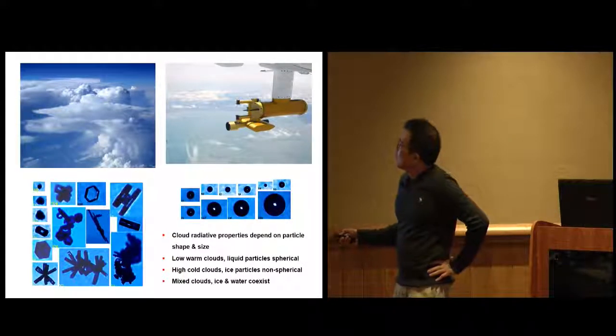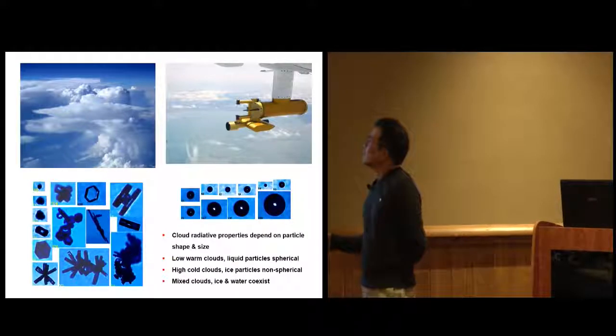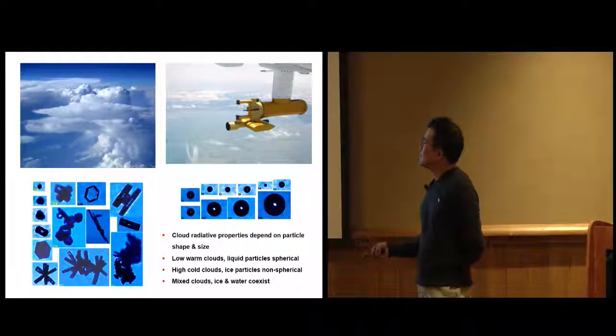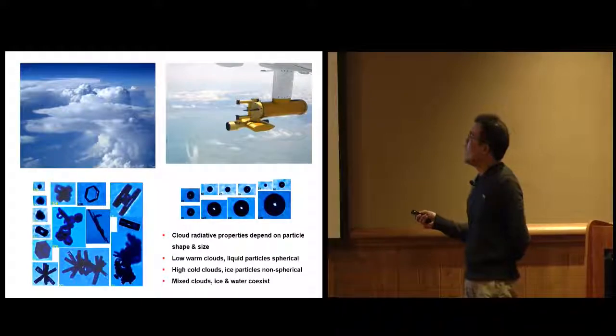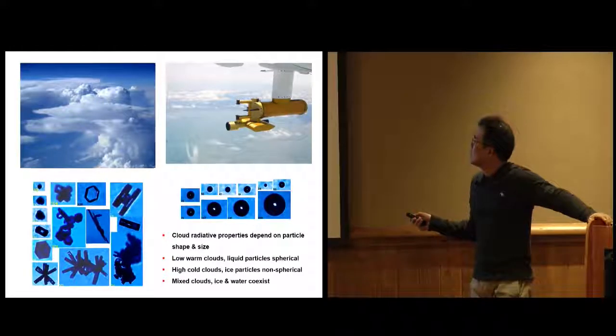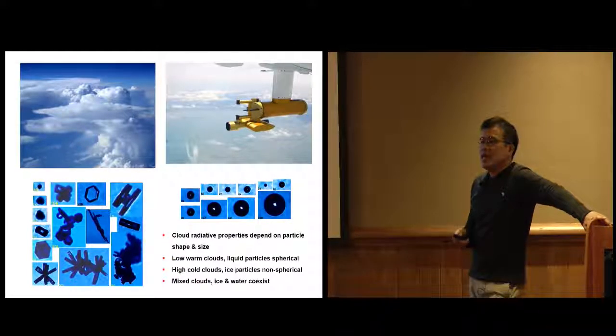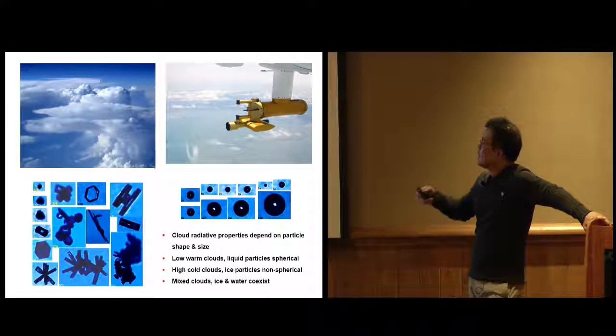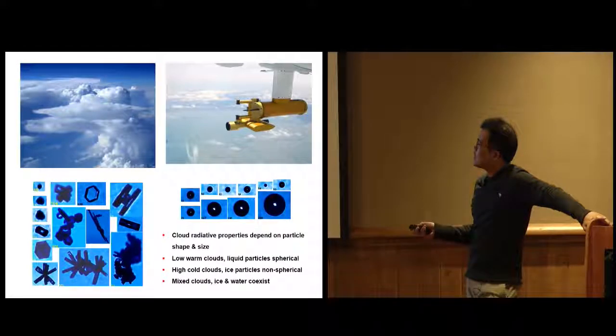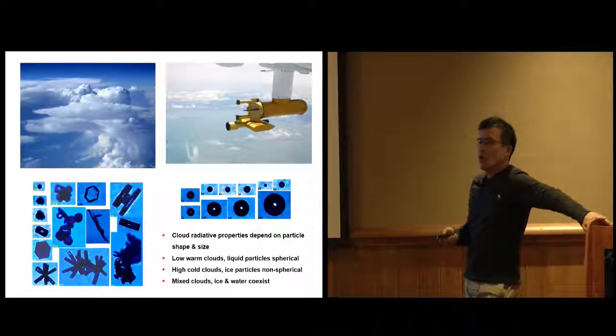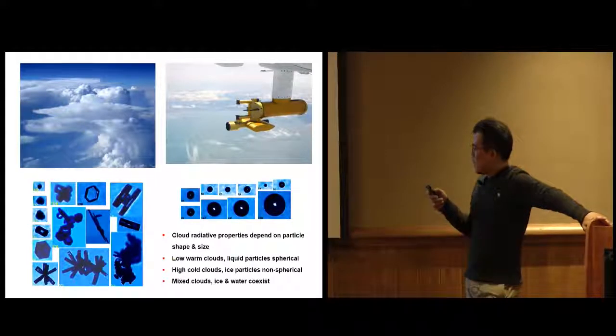High cold clouds have non-spherical ice crystals, and low warm clouds have spherical cloud droplets. And in mixed-phase clouds, these non-spherical ice crystals and liquid water droplets coexist. So we are using aircraft to measure these cloud particles.